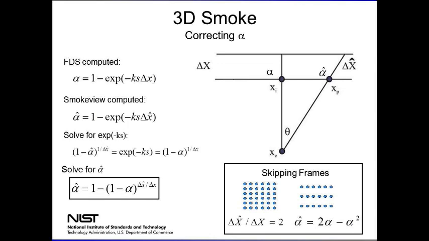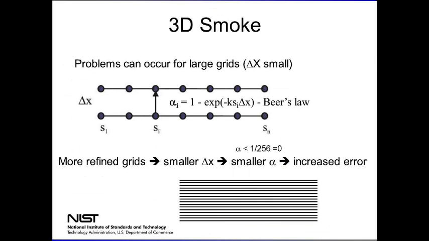So one of the things that Smokeview would do in real time would be to correct the opacity based upon the longer path length. And also, there's an option to skip frames, so we would use the same idea to increase the opacity of the smoke planes if I'm skipping them.